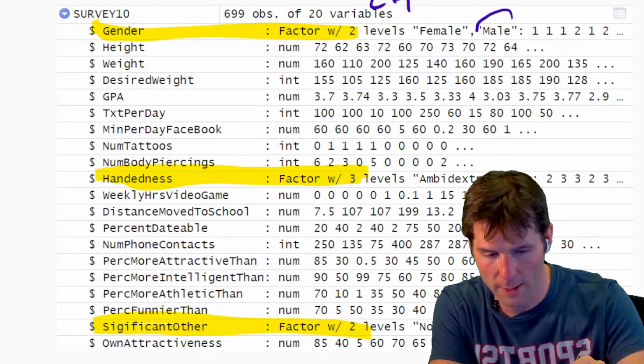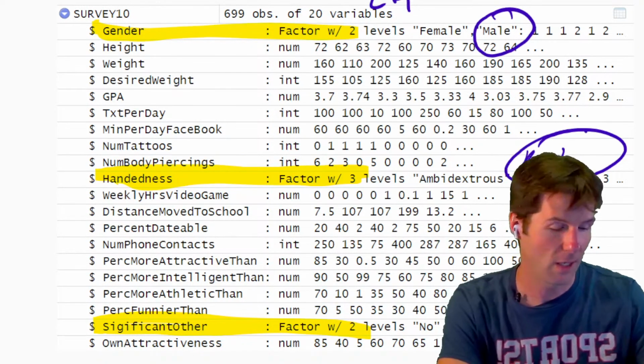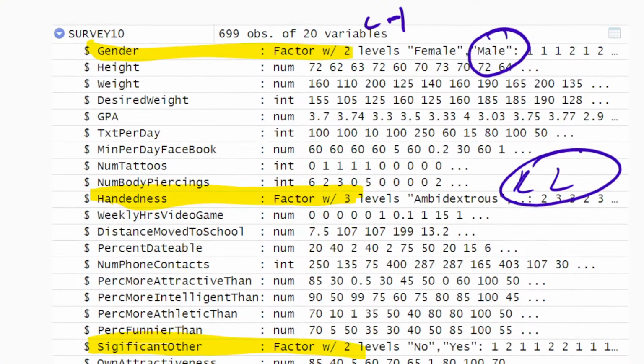So there'd be one indicator over here, and then right there, there's the two indicators. L-1. And then there's the one indicator there. And that means the first one alphabetical, and thank you, the output, for putting it first alphabetical, is the reference. Female's the reference, ambidextrous is the reference, and no is the reference. So there's always one reference.